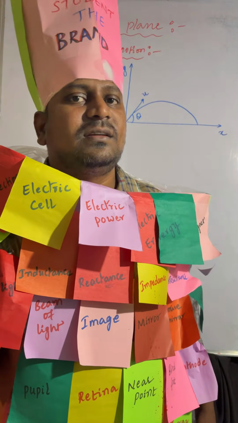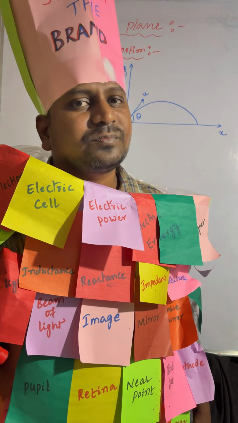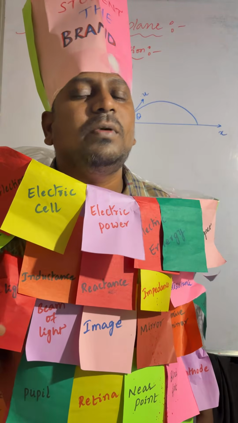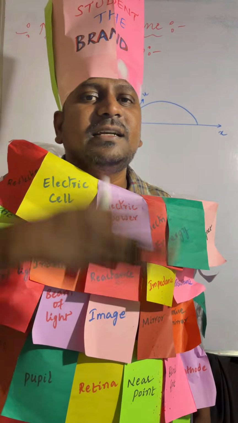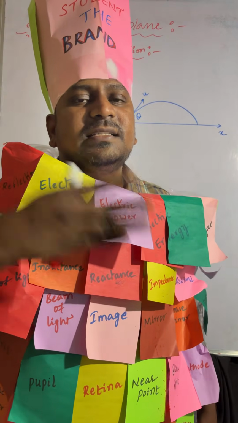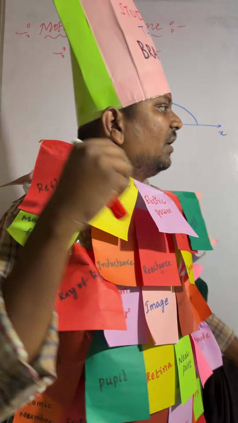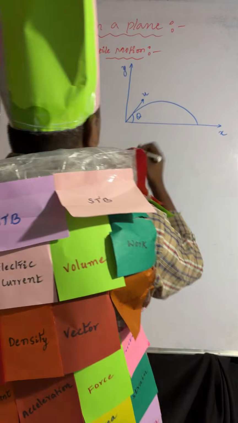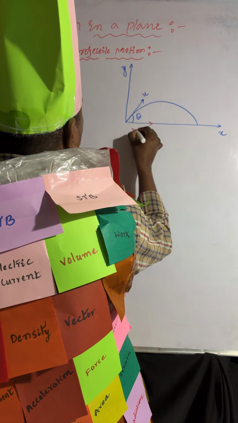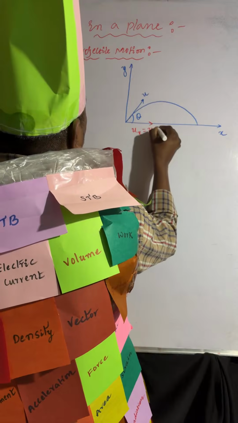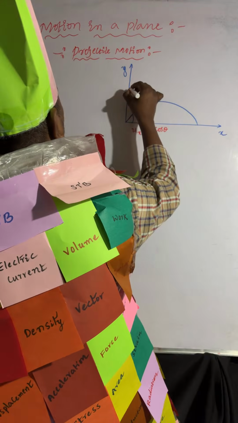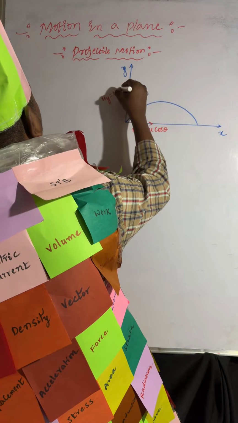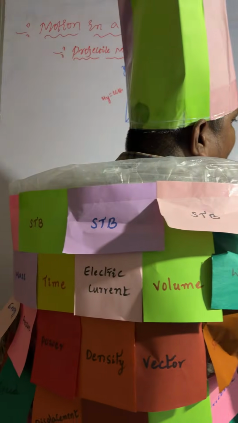Velocity is a vector quantity. If you resolve the vector into two components, along the x-axis and along the y-axis, then along the x-axis, ux equals u cos theta, and along the y-axis, uy equals u sin theta.